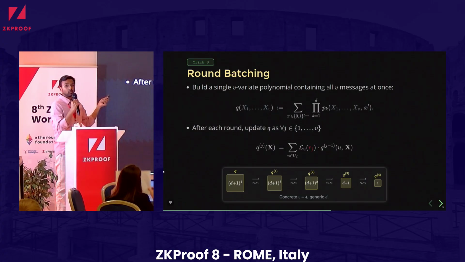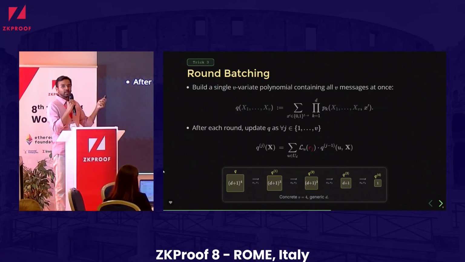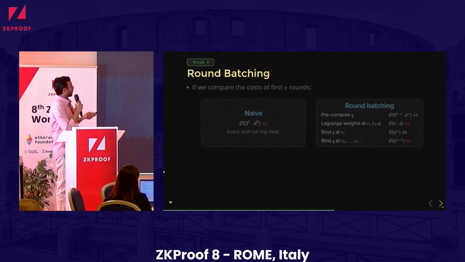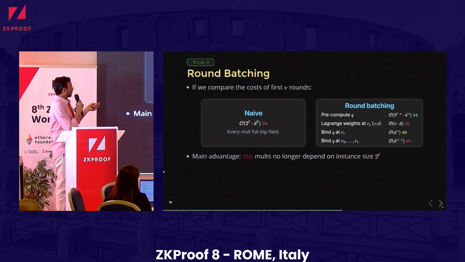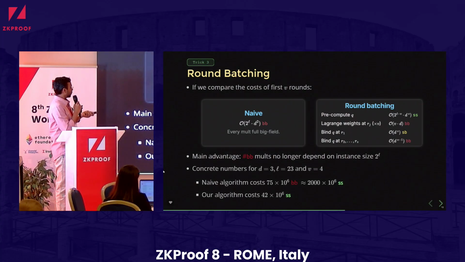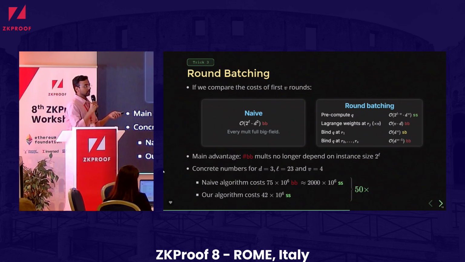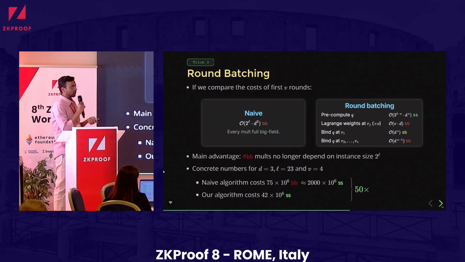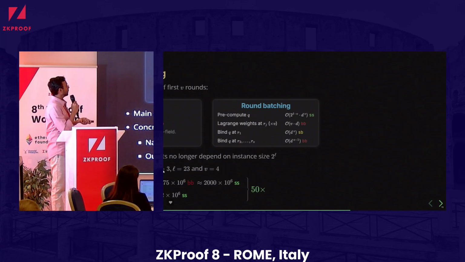Okay, I'll just quickly wrap up. The summary is that the BB multiplications no longer depend on the total instance size, and you trade them for small multiplications. Concretely, theoretically, we can get a 50x reduction or speed up just by doing small multiplications instead of BB multiplications.